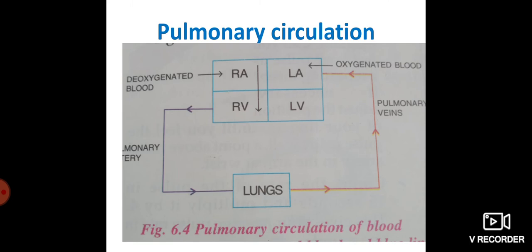From the pulmonary artery, the blood reaches the lungs and oxygenation takes place there. From the lungs, the oxygenated blood is taken by the pulmonary veins, which open into the left auricle, first to the left auricle, then to the left ventricle. This is the pulmonary circulation of blood.